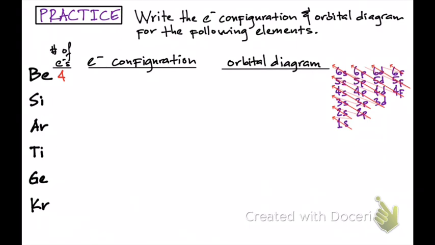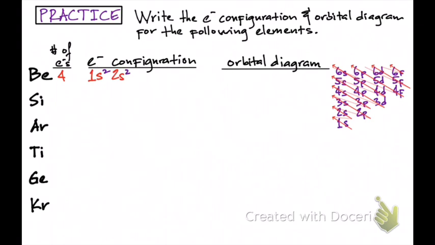And you can always follow this diagram here, the Aufbau diagram. So you can fill the 1s first, followed by the 2s. So we're going to write out 1s and 2s, and then distribute the 4 electrons. So you're going to put 2 in the 1s, and then another 2 in the 2s. Because again, the maximum number of electrons that an s sublevel can hold is 2 electrons.